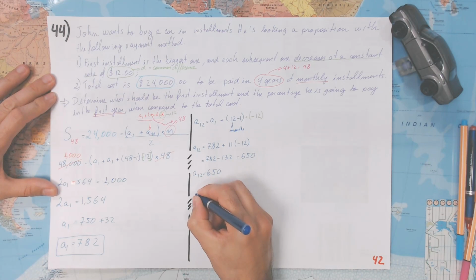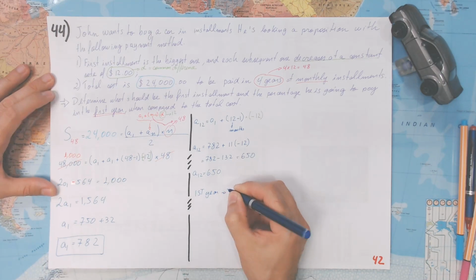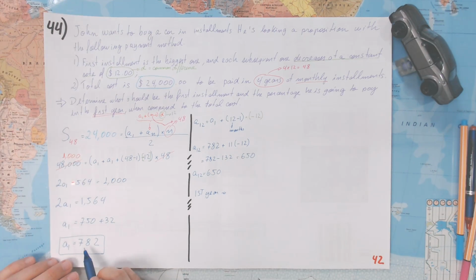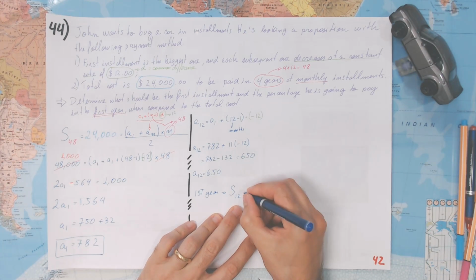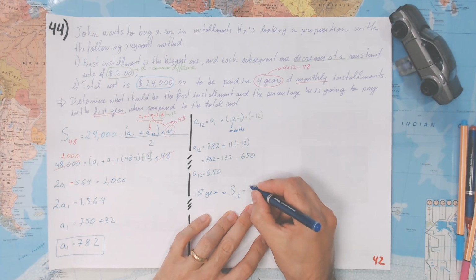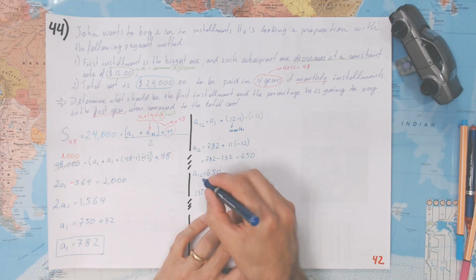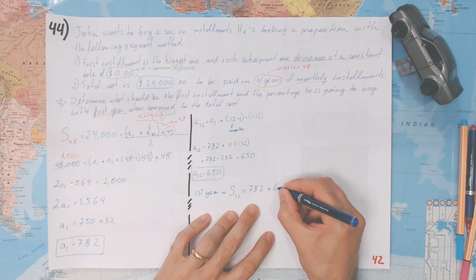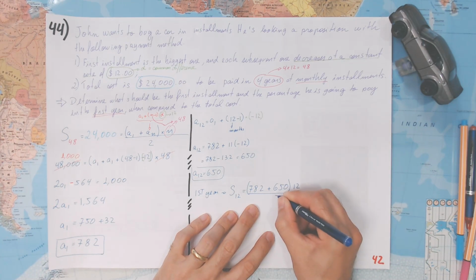Now let's go into the first year. I already know the first installment is going to be this. Now, what is he going to pay in the first year? Well, S12, the first 12 months, is going to be the first term, 782, plus the last one, 650, multiplied by 12 months, divided by 2.